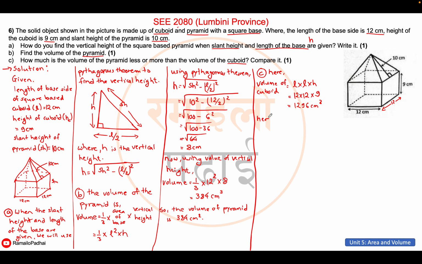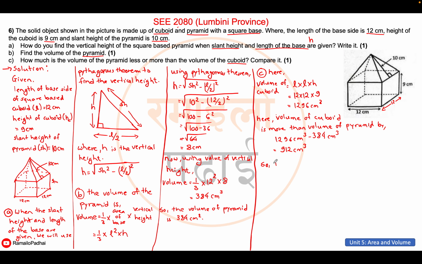Here, the volume of the cuboid is more than the volume of the pyramid by 1296 centimeter cube minus 384 centimeter cube, which is equal to 912 centimeter cube.